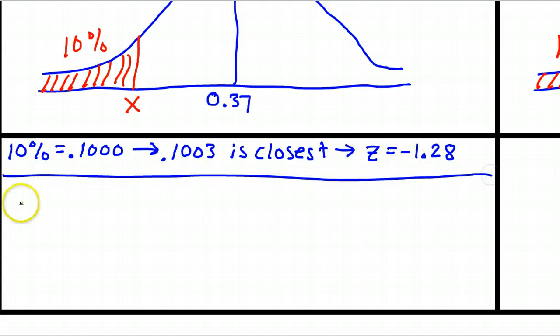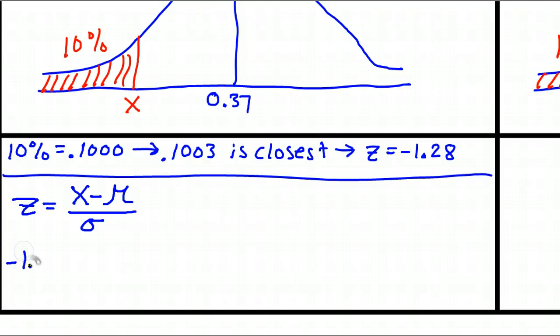So we have our z-score. We're going to use the fact that z is equal to x minus the mean divided by the standard deviation. So that means the z is negative 1.28.